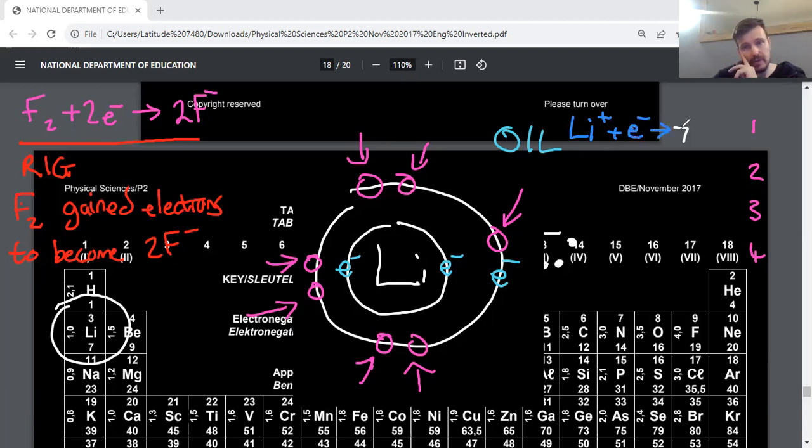So it becomes like that, right? So it goes the other way around. So go from Li to Li plus. Yes, correct. Should actually do it like this.